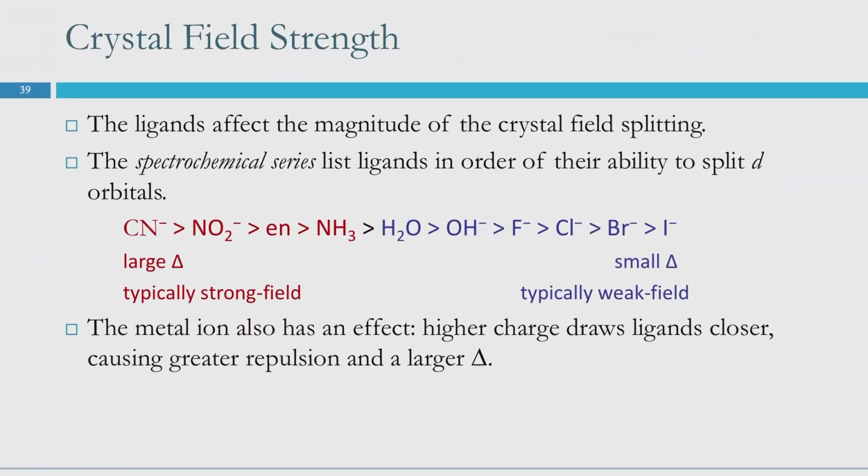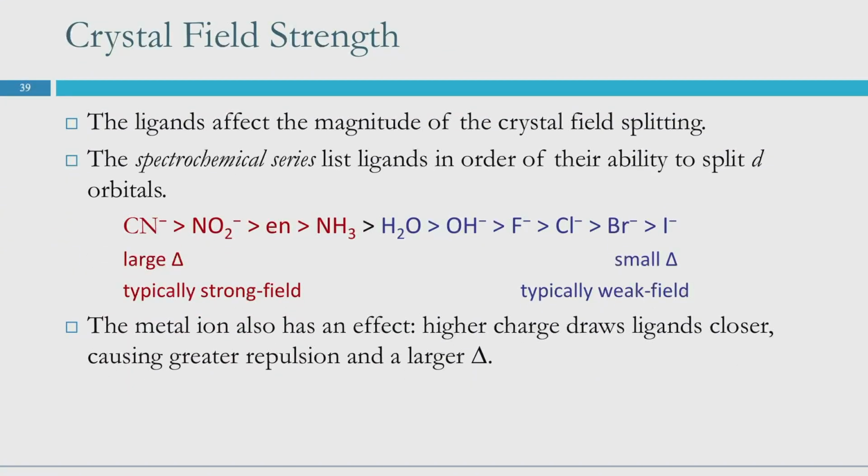All right, so for crystal field strength, we've got some generalizations. The ligands, the groups that are coordinated to our metal center, affect the magnitude, the size of that crystal field splitting energy. We've got the spectrochemical series that lists our ligands in order of their ability to split d orbitals, going from large delta to small delta.